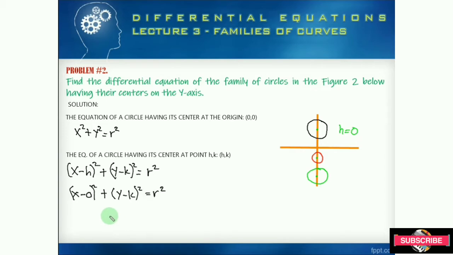Okay, and simplifying this one, x squared plus (y minus k) squared is equal now to r squared. Okay, so this is now equation 1. We are going to use now this equation to solve this problem.